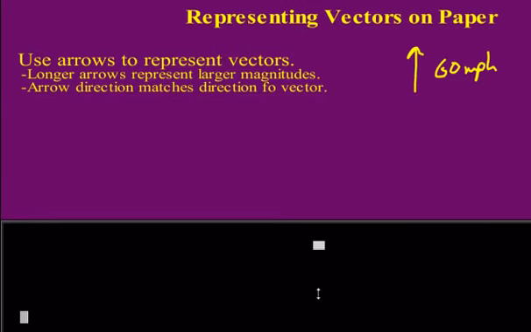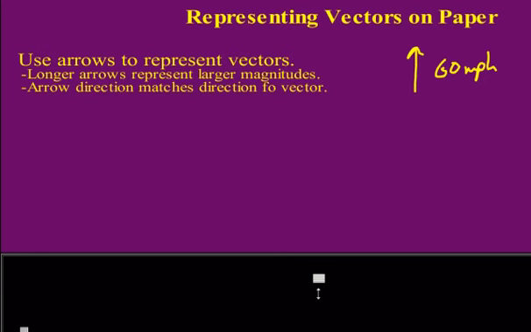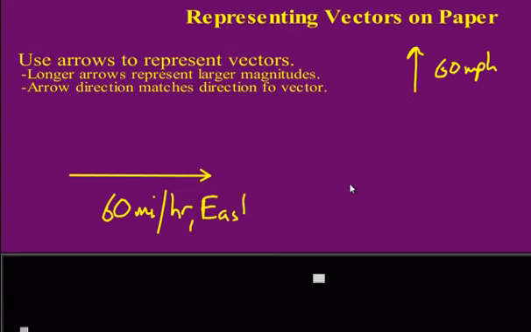So let's look a little more closely at magnitude. We like to pay attention to size. So I'm going to draw a similar one here. Let's call this 60 miles per hour east. What do you think an arrow would look like that would represent another velocity?